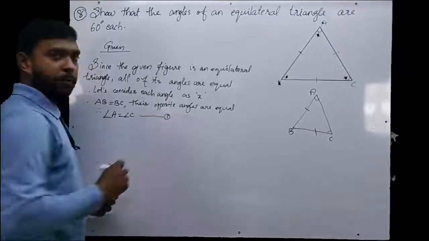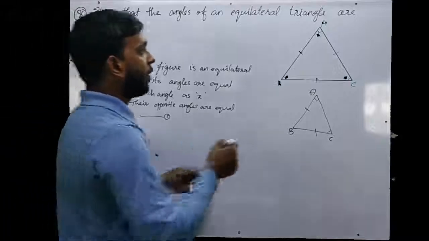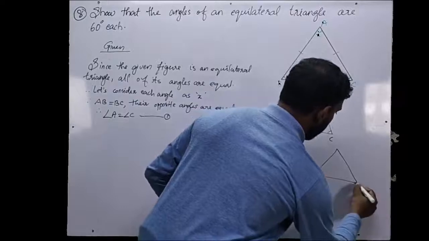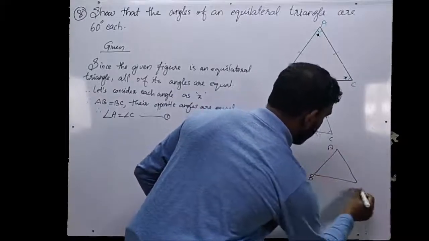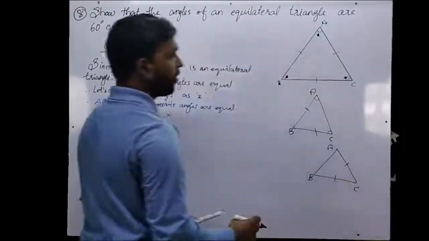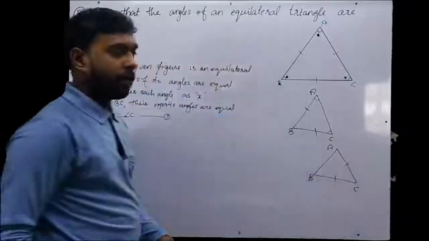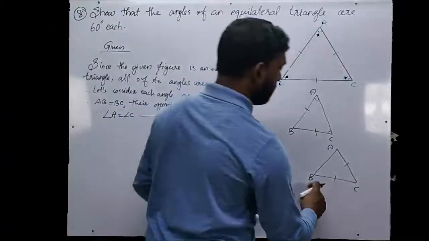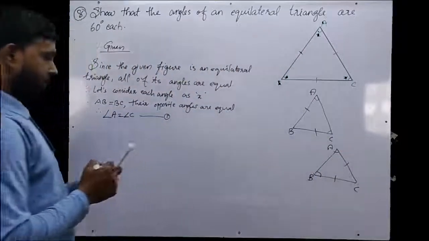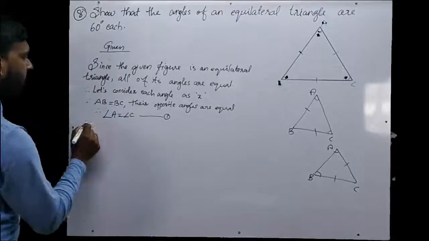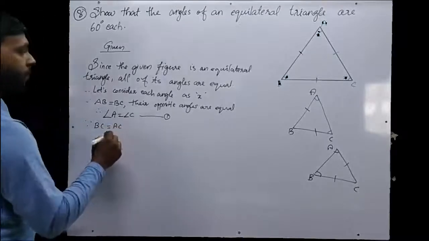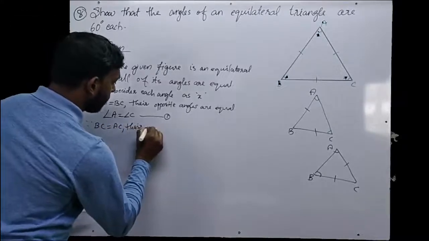Let's keep that as equation 1. Now let's again look into the picture, and let me take the same picture here, A, B, C. Now I'm going to consider another two sides, AC and BC. Since these two sides are equal, their opposite angles are also equal. Since BC is equal to AC, their opposite angles B and A are equal.